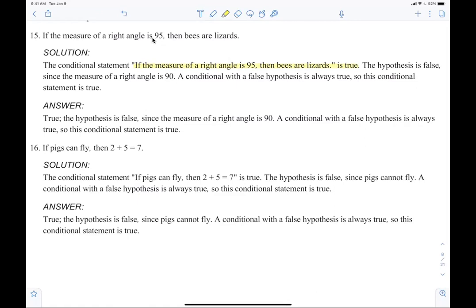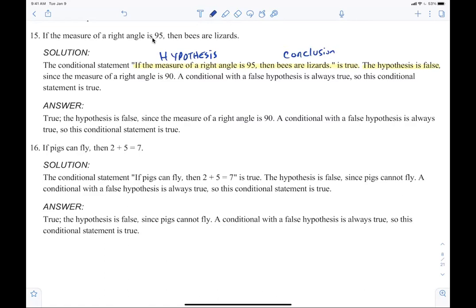It says, because the hypothesis is false, and I should have mentioned this, this is the hypothesis, and this over here is the conclusion. Because the hypothesis is false, since the measure of a right angle is 90, a conditional with a false hypothesis is always true.